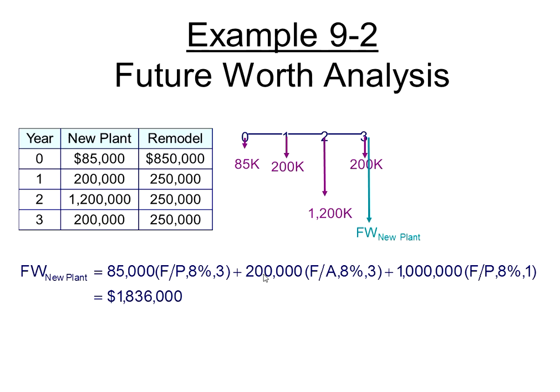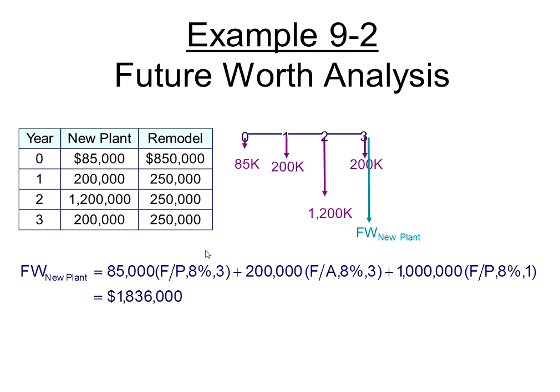So again, if this is A, then we're looking for a future value of all 3 of these pieces. And so F given A, 8%, 3, and then this is of course a present with respect to the 3, but there's only 1 year in between, therefore n is 1.